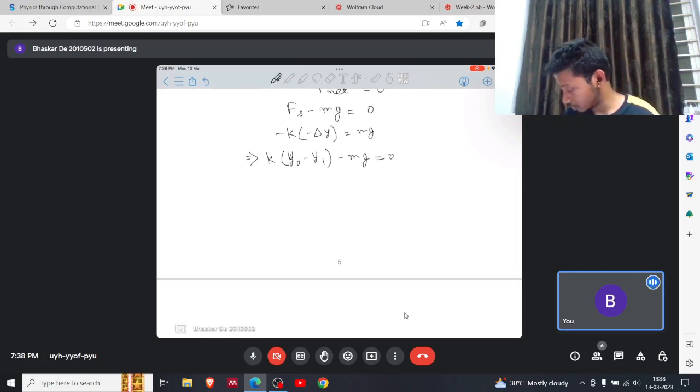Now if the block is displaced to a position y, then F net changes to k(y naught minus y) minus mg equal to 0.